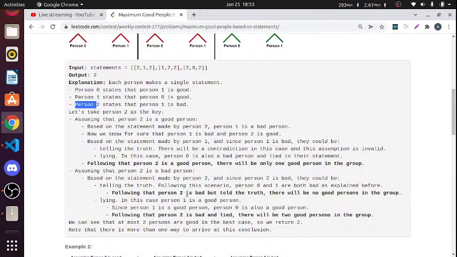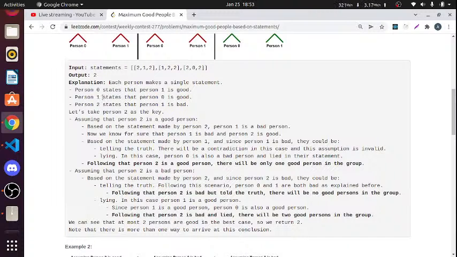Following that, if person 2 is bad but tells the truth, then we will have no good person in the group. So suppose this is bad, we will not count that, but it tells the truth.